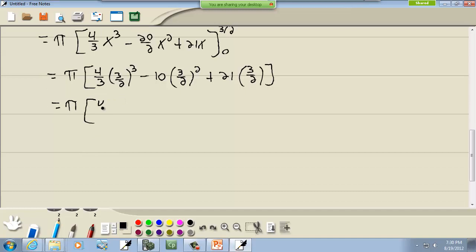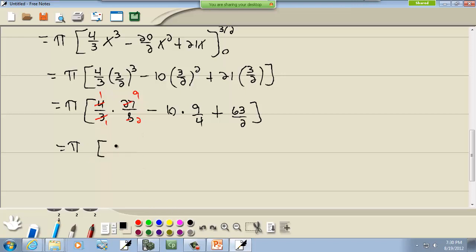And this gives us 4/3 times 3 to the third, which is 27, over 2 to the third, which is 8, minus 10 times 9/4, plus 63/2. 3 and 27 are both divisible by 3, that gives me 1, that gives me a 9. 4 and 8 are both divisible by 4, that gives me a 1 there, it gives me a 2.